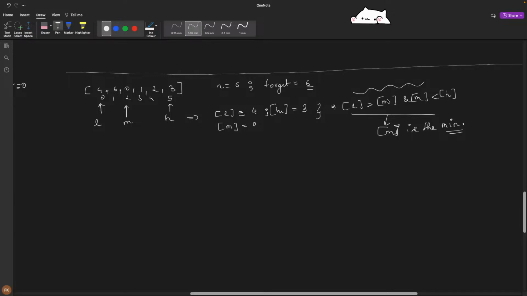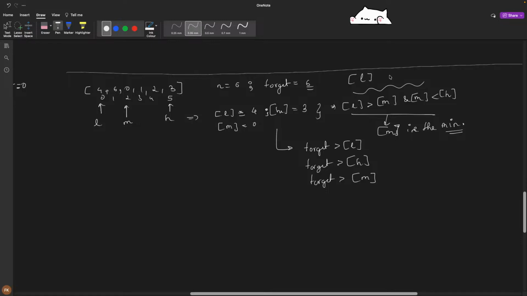So for this case here, I see my target is greater than L and target is even greater than H and target is greater than M. In any case, it is rotated.